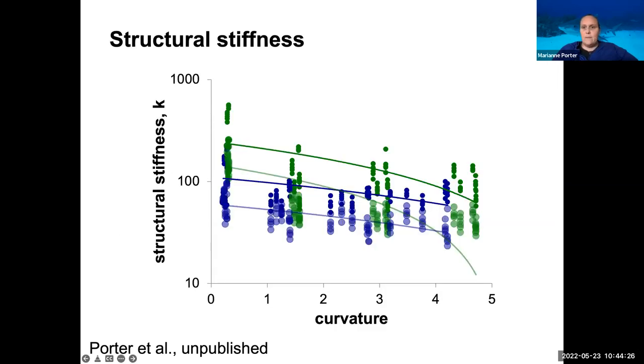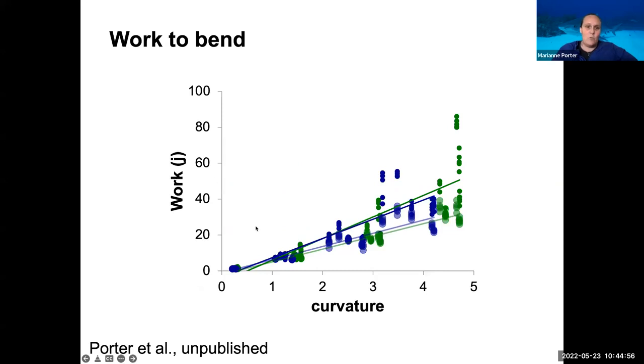We calculated, I'll just show a few things, what our data looked like. We have some frequency sweeps. So we're looking at a number of curvatures produced by our system. This is just at one frequency, and we're looking at the structural stiffness of our different treatments here. And we can see how that changes over a range of curvatures. Not too much change here in this example. So here's when we were calculating work to bend.